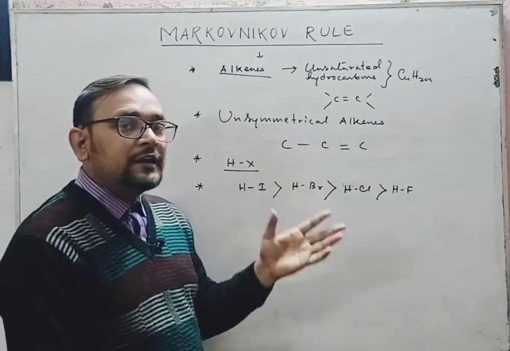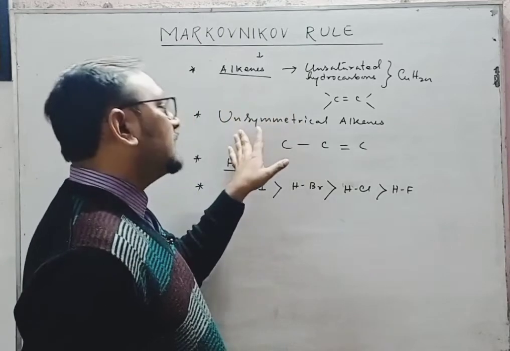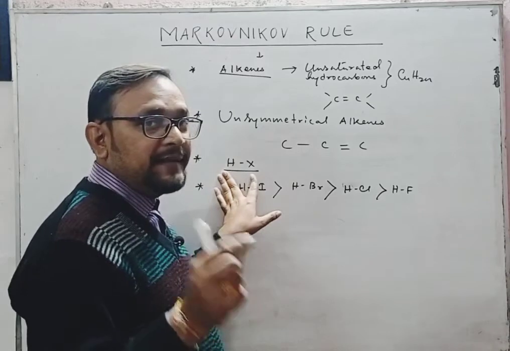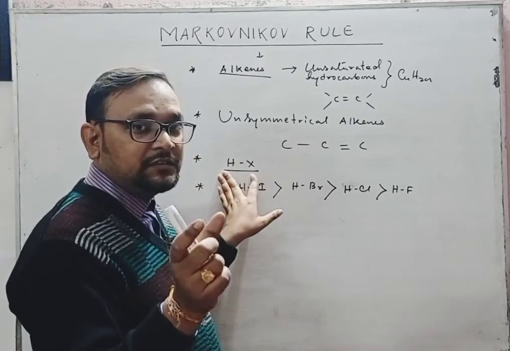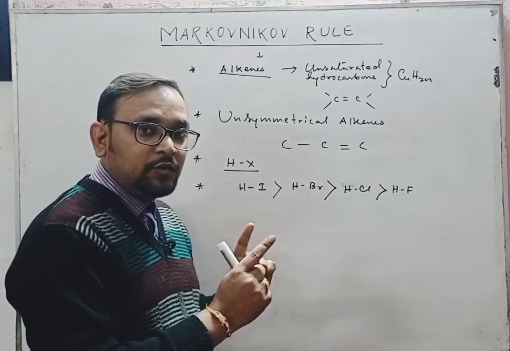So Markovnikov's rule we will apply for alkenes. What type of alkenes? Unsymmetrical alkenes, where we show the addition mechanism or addition of HX type of molecule.